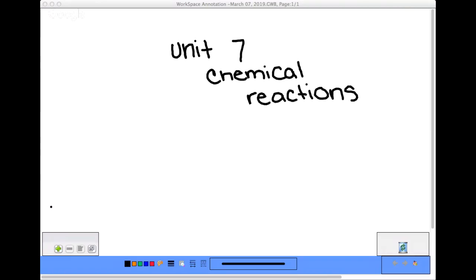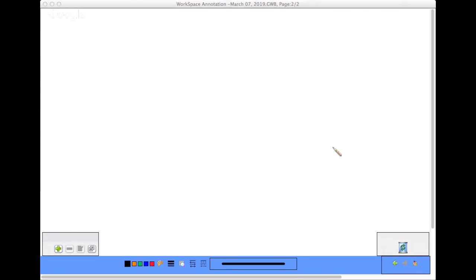Do you want the one about the experimental yield, or how many atoms of aluminum are formed? I just want to make sure we're on the right page. Okay, cool. All right, so we're going to be looking at 4B.